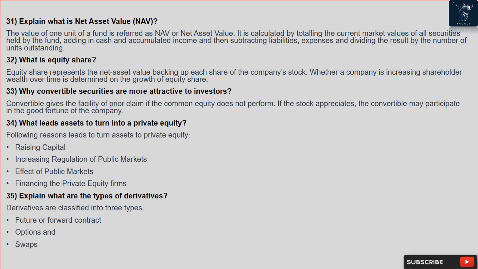The following reasons lead to assets turning into private equity: raising capital, increasing regulation of public markets, effect of public markets, financing the private equity firms. 35. Explain what are the types of derivatives. Derivatives are classified into 3 types: future or forward contract, options and swaps.